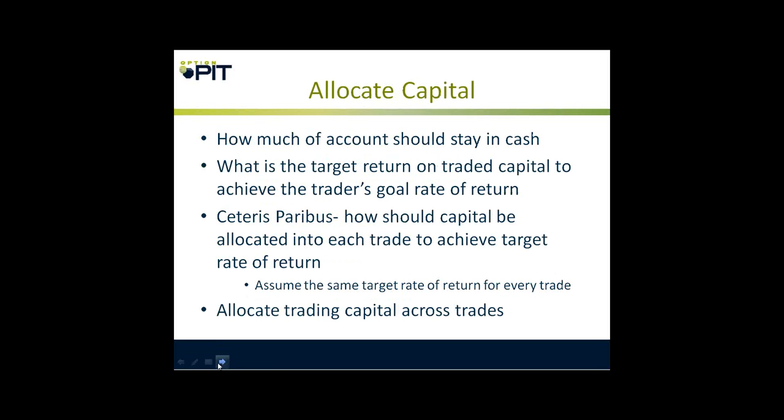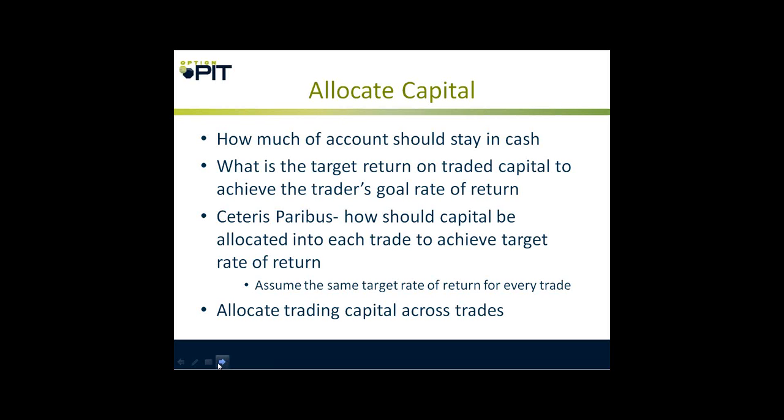Allocate capital. All right? How much of an account should stay in cash? What is the target return on traded capital to achieve the trader's goal rate of return? Ceteris paribus, how should capital be allocated into each trade to achieve the target rate of return?